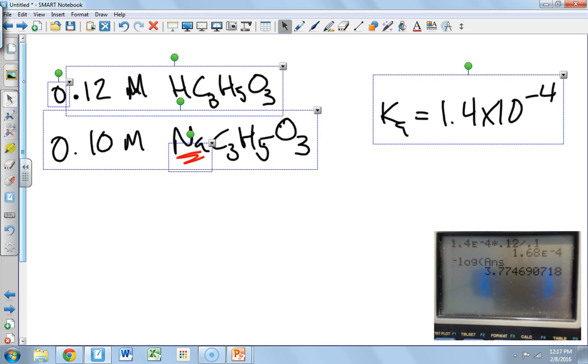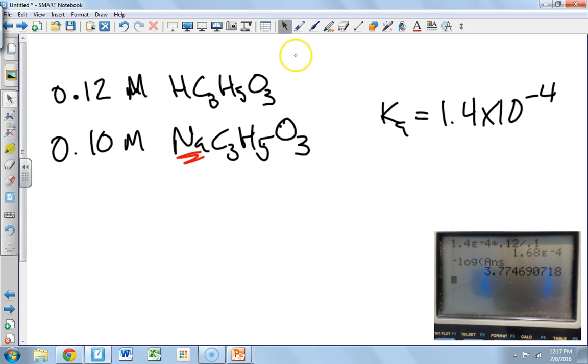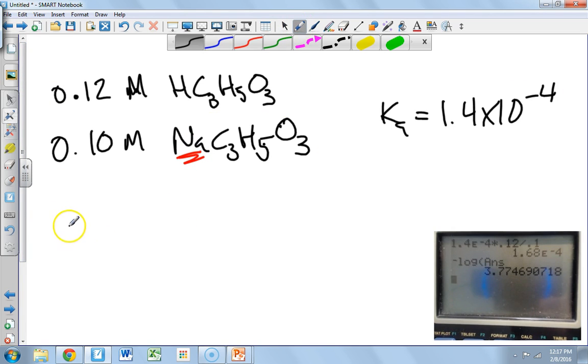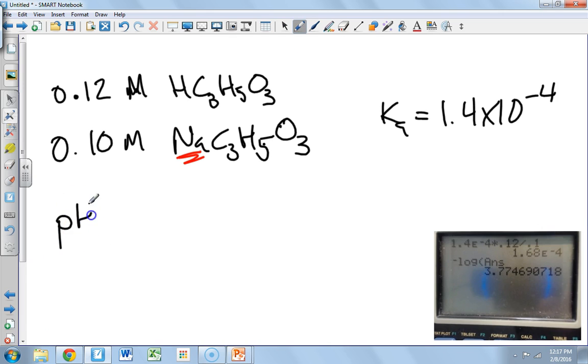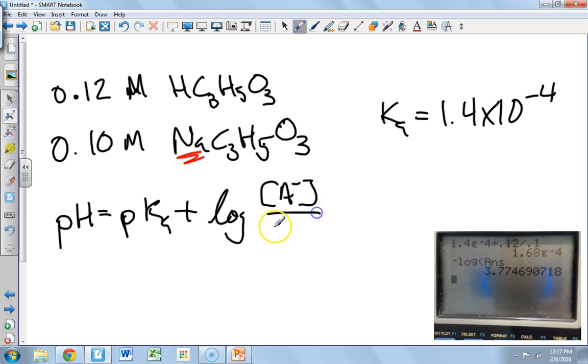So now it's the same problem, but now we're going to use the Henderson-Hasselbalch equation, where pH equals pKa plus the log of the ratio of the base, A minus, over HA.